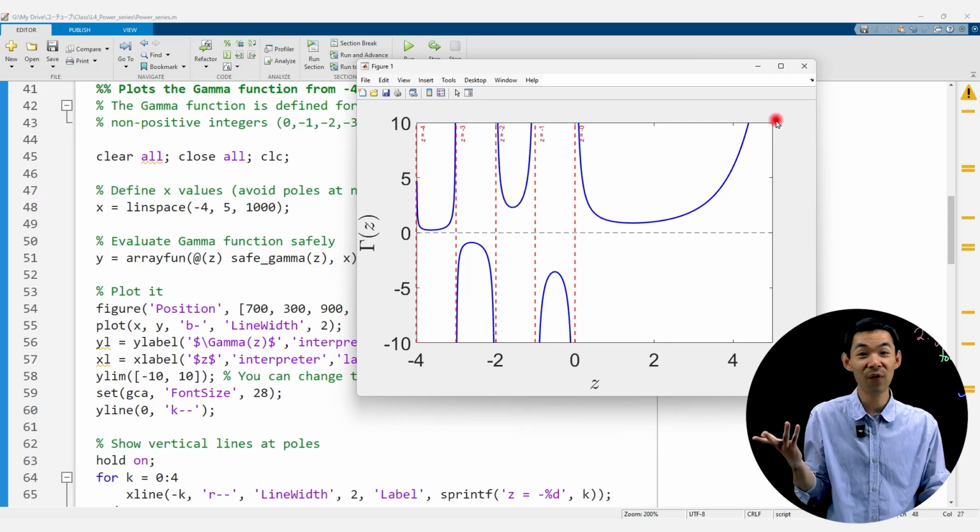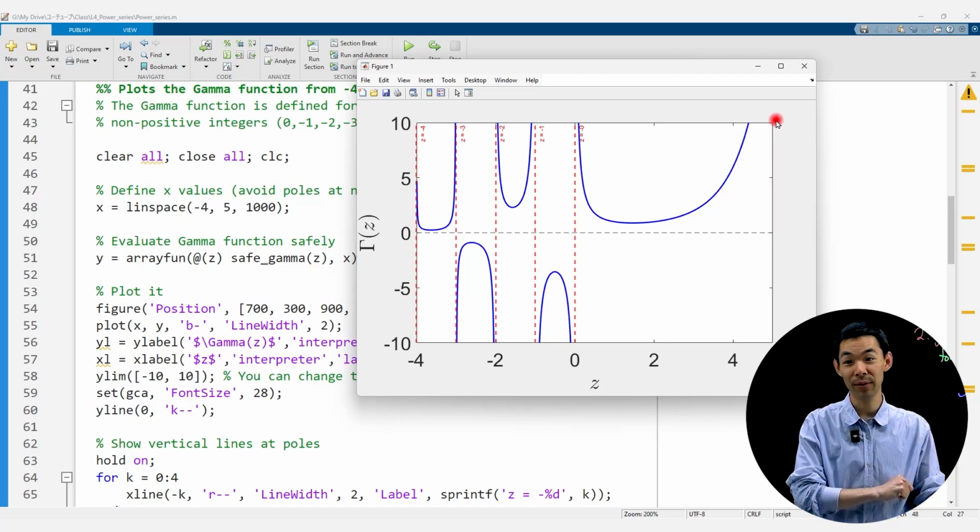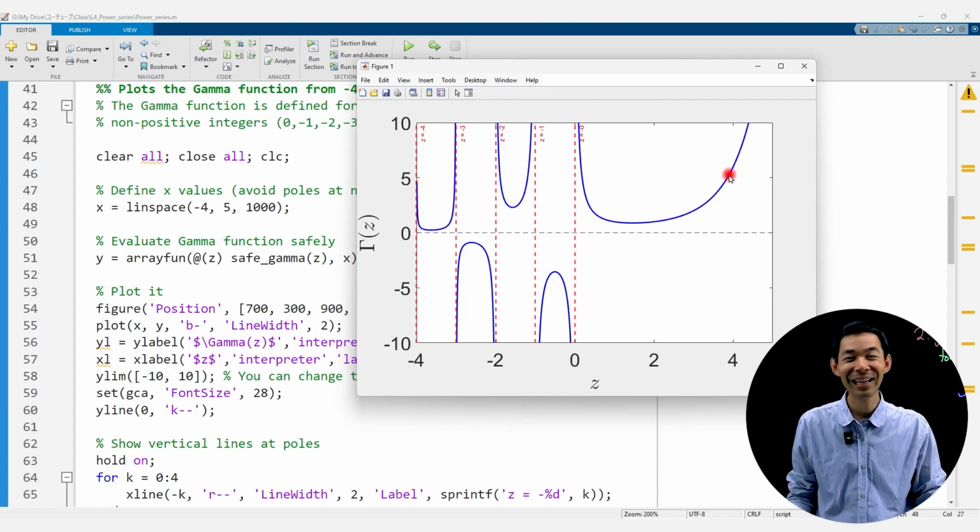It's a nonlinear function that is defined for all positive values. Okay, so for everything here, it's well-defined, continuous, over here for positive values. But for negative integer values, you get discontinuities. So right at 0, right here, this dashed red line has a discontinuity.